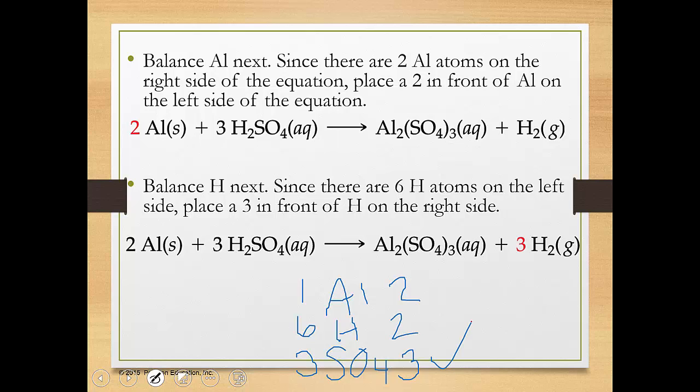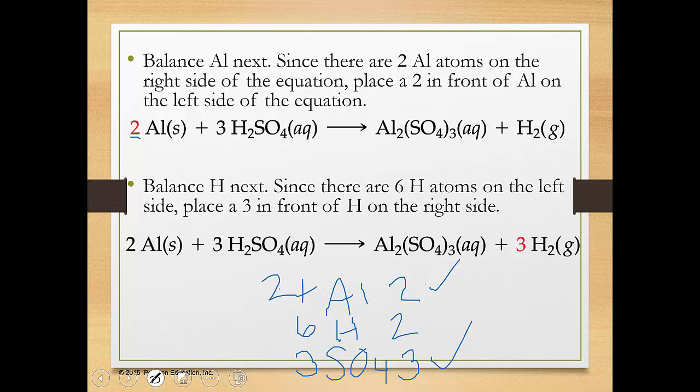We took care of our sulfate, that's good. Now we can look at the 2 we said to leave for last, and we'll start with the aluminum. We have 2 on the right and 1 on the left, so we put in a 2. That affects nothing but the aluminum, so now aluminum is balanced.